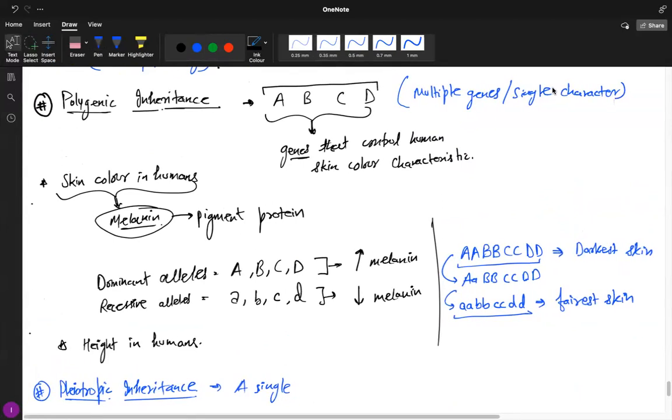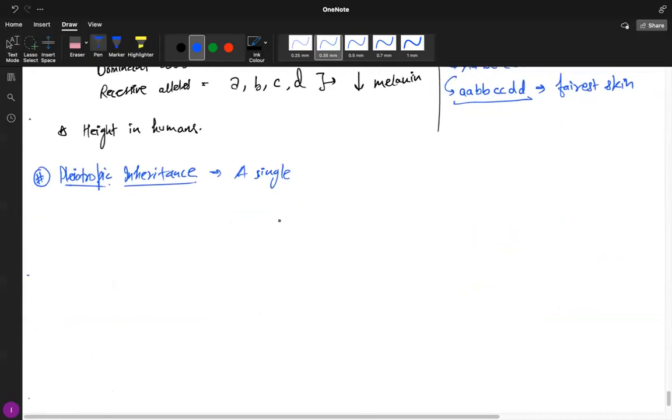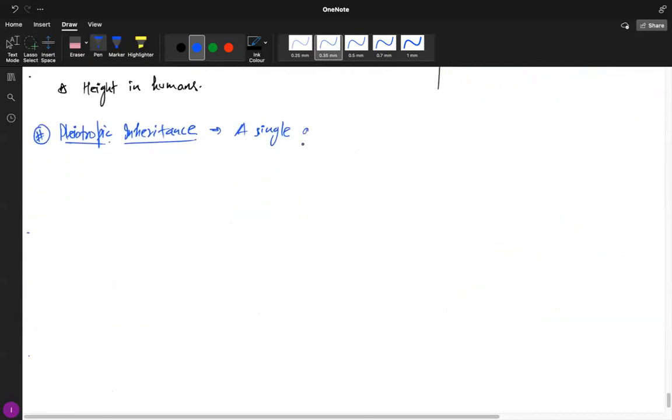Yes, sir. Excuse me. Pleiotropic inheritance is a single gene that controls multiple phenotypes, multiple characters. Okay. So this also happens.